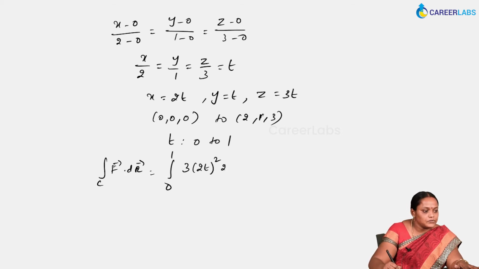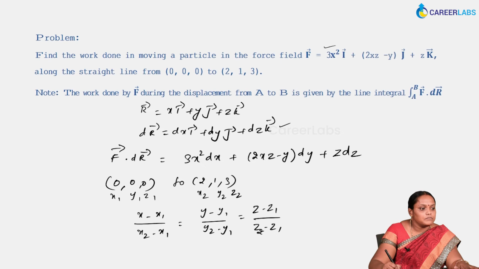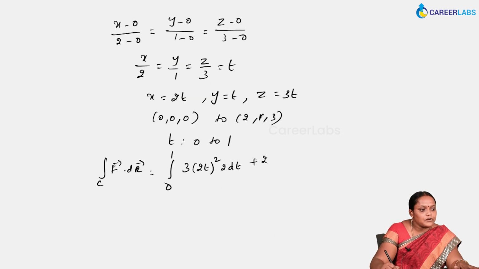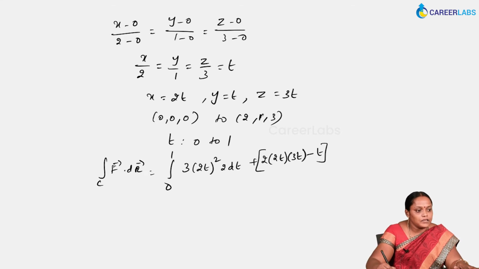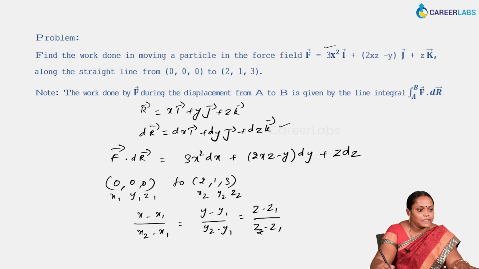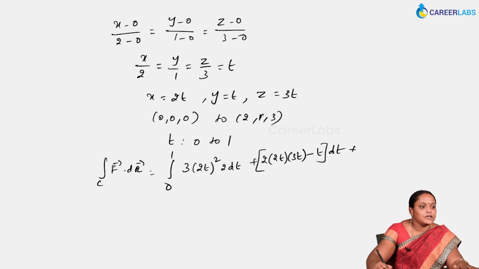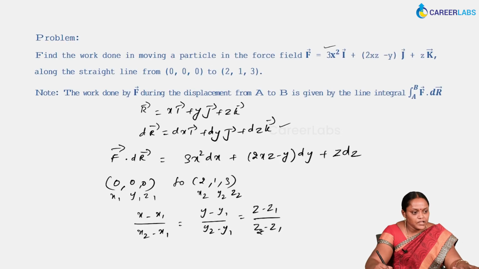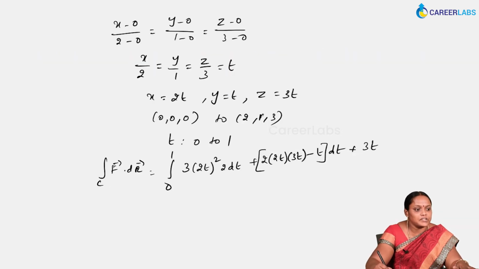So, this will be 2 dt, then plus 2xz minus y, where x is 2t and z is 3t, that is minus t, into dy. dy is nothing but, when you differentiate y, dy will be dt. Then plus z, which is 3t, into dz. Differentiation of 3t is nothing but 3 dt.